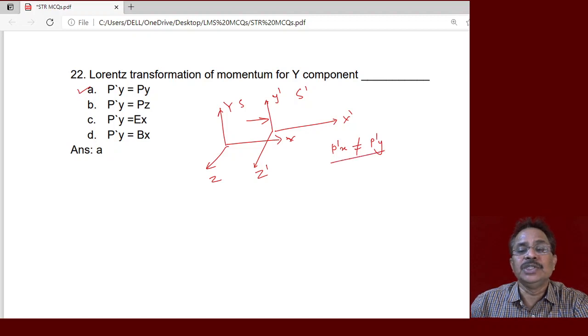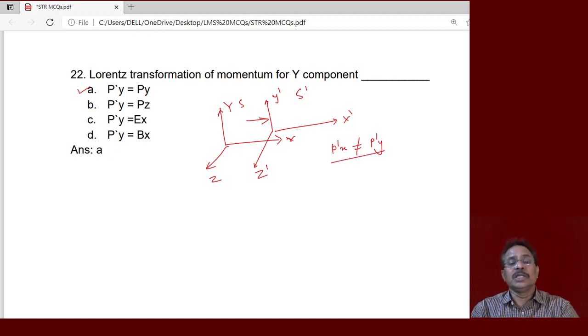There might be some change here according to the special theory of relativity. But in the Y direction there is no change in the quantities, they will be found to be the same. Therefore P dash Y must be equal to Py, and that is what the Lorentz transformation of momentum for the Y component gives: P dash Y is equal to Py. There is no change in the momentum in the direction of Y as well as Z. Only in the direction of X there is a change.